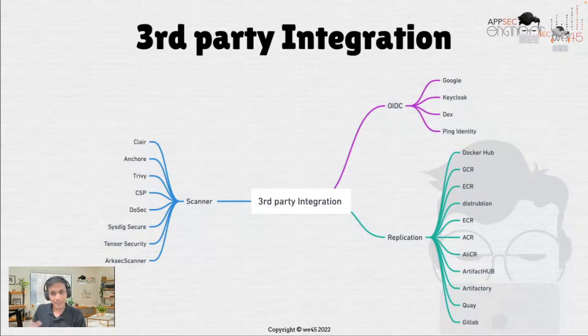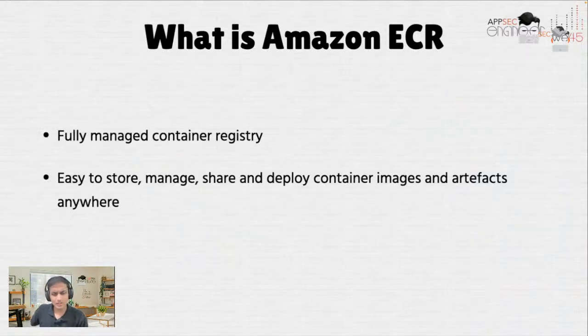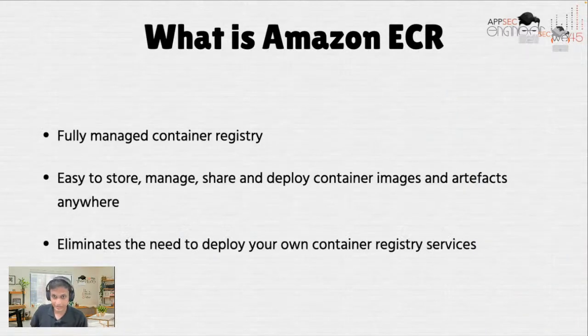Now, with that, let's quickly look at ECR, and that should give us a good comparison, right? ECR is a fully managed container registry provided by Amazon, and it makes it extremely easy to store, manage, share, and deploy container images and artifacts anywhere, right? So you can store all of your containers, especially if you are within the AWS ecosystem.